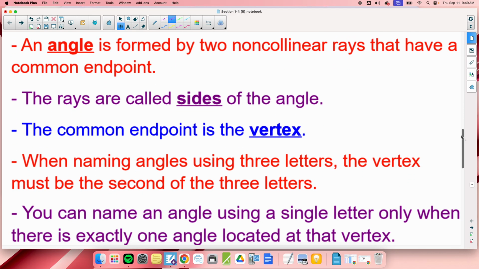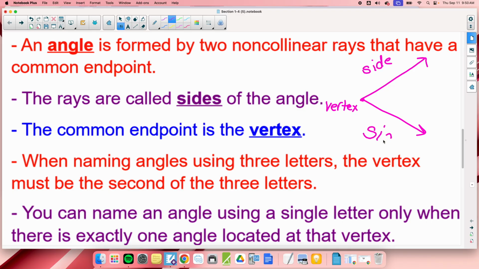Now what we're going to talk about is how we name the sides of an angle and how we name the vertex of an angle. Let's say we have this for our angle. This is called the vertex, right here, and these two are called the sides.